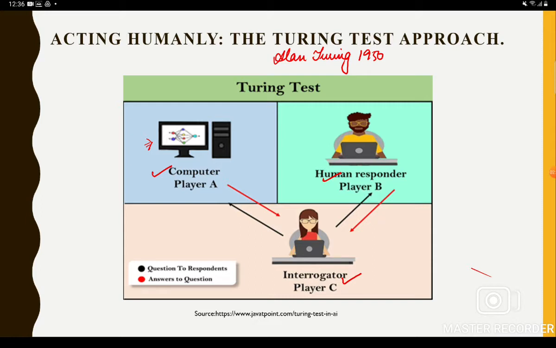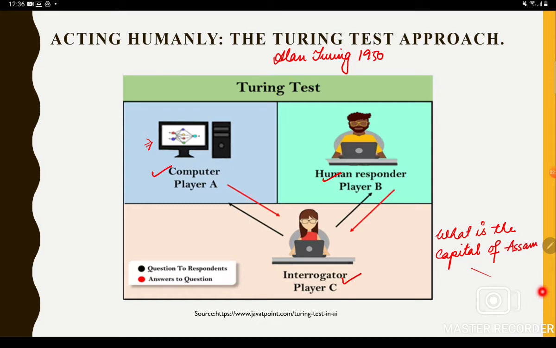That means the interrogator will be posing a written question. Let's say, what is the capital of Assam?